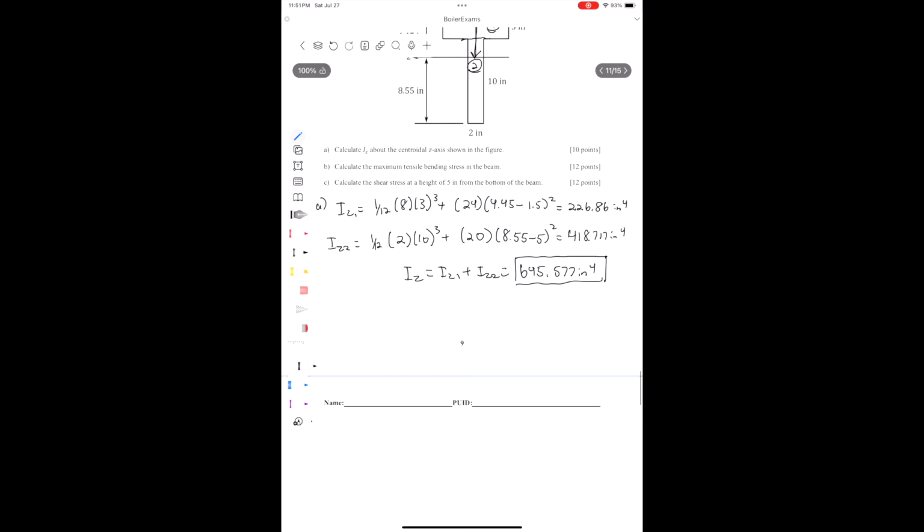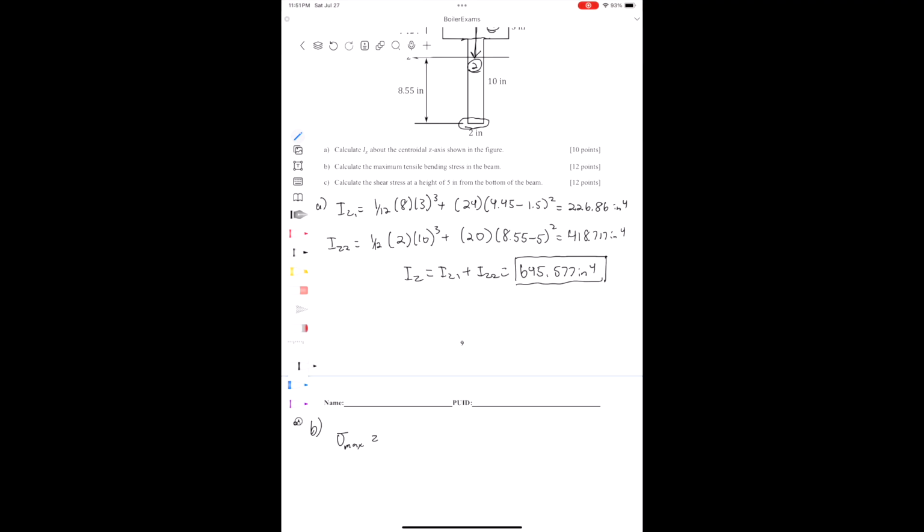All right, and on to part 2. So, remember that the maximum tensile bending stress is going to occur at the bottom of the beam.